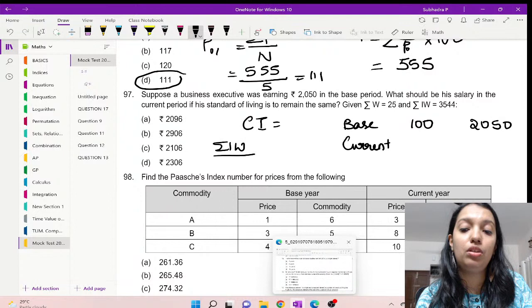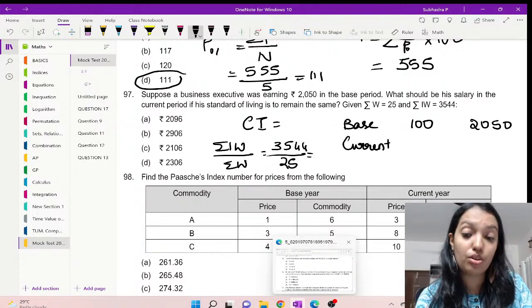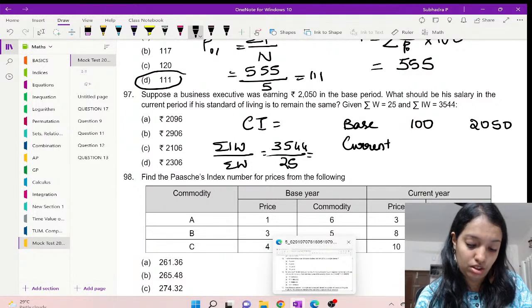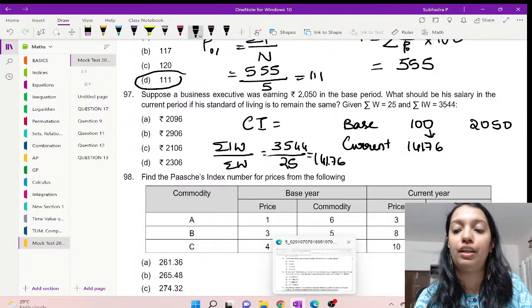summation IW divided by summation W. 3544 divided by 25. Do this calculation. You are going to get 141.76. So if 141.76 represents 100, 2050 is what?